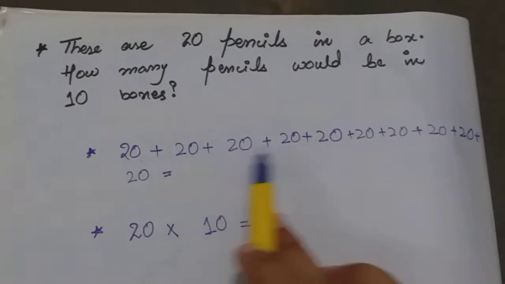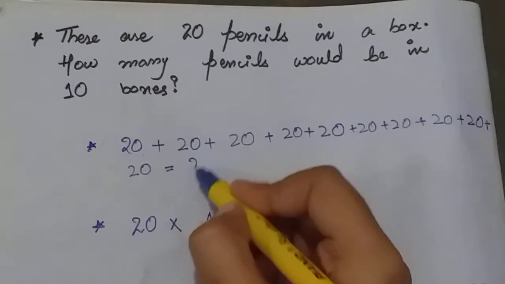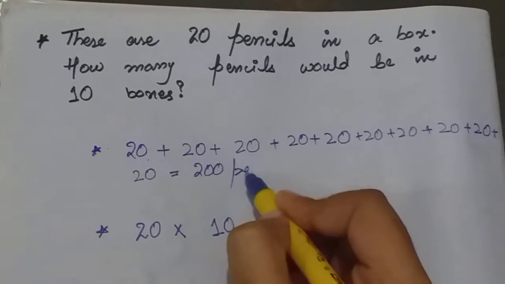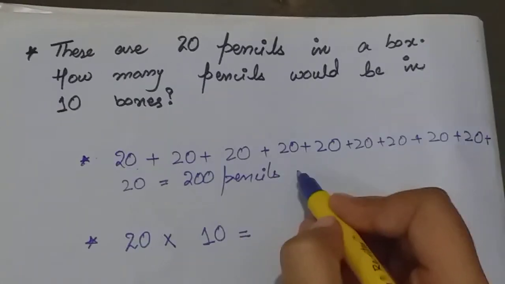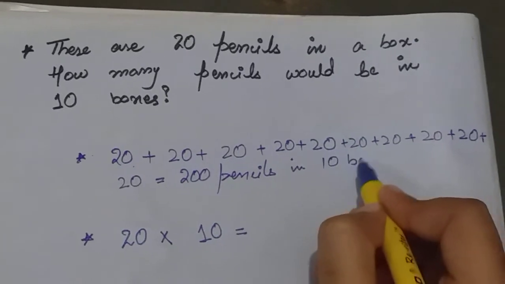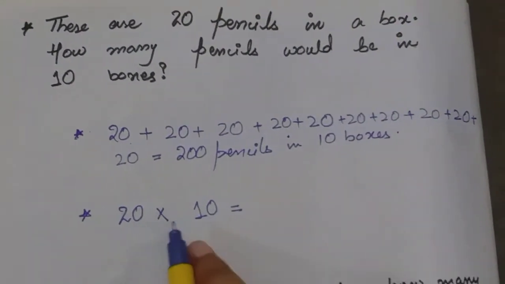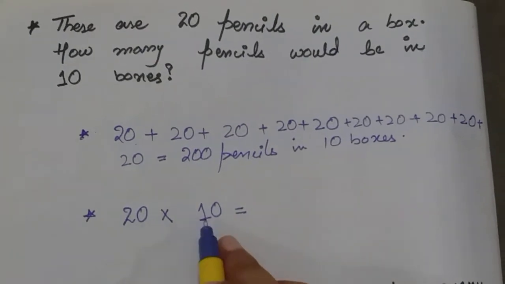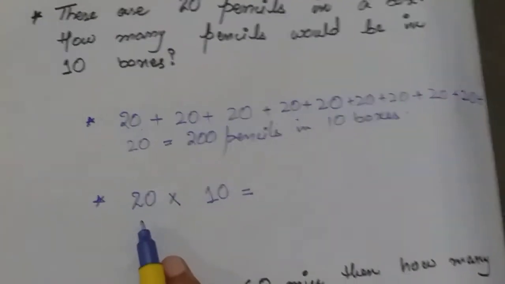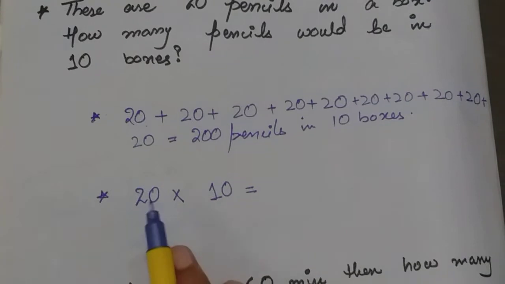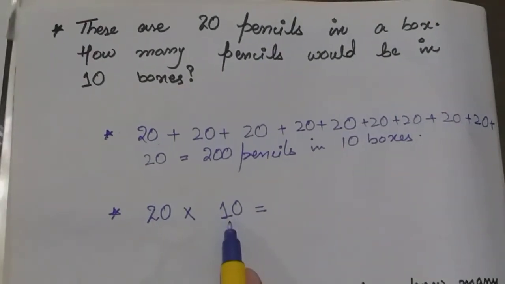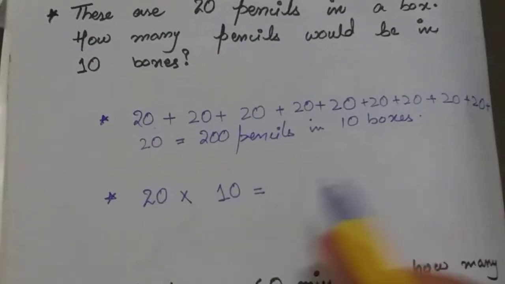By addition and by multiplication, we will find the same answer. If we add 20 10 times, we will get 200 pencils in 10 boxes. And the same answer we can get by simple multiplication, that is 20 multiplied by 10. Now in this example you can see 20 is a multiple of 10 and 10 is also a multiple of 10.